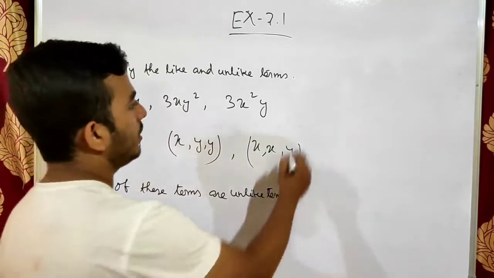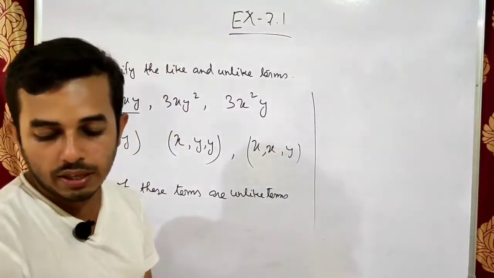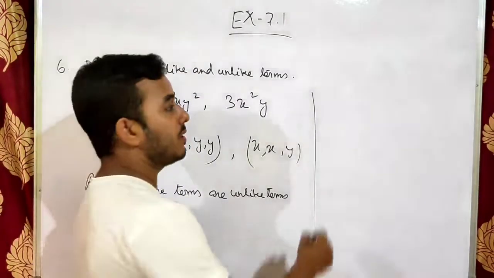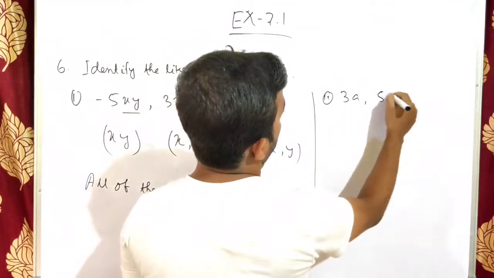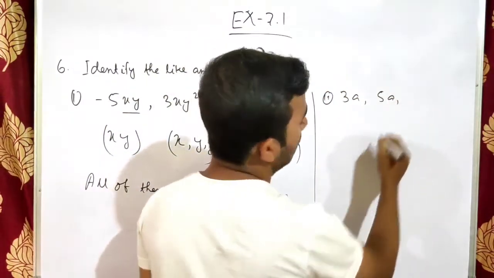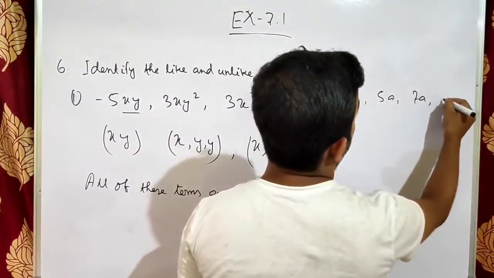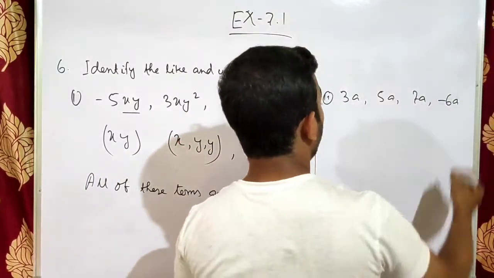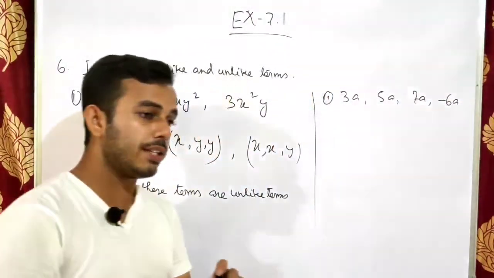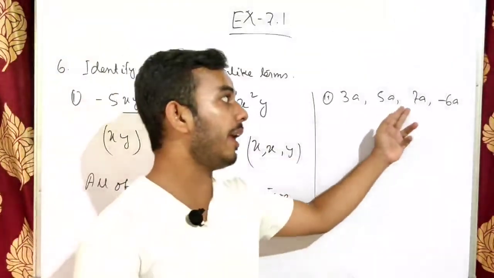Okay, let's solve another one. Number 2: 3a, 5a, 7a, minus 6a. As I told you, for like and unlike terms we have to think about the variables. Here the variable is a.